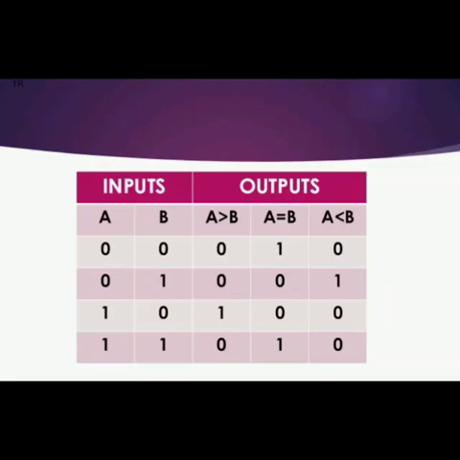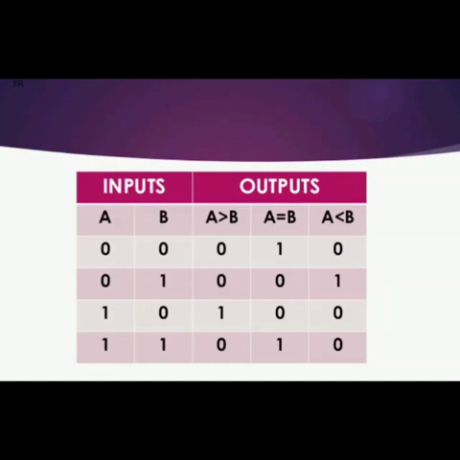And here we have the truth table of the comparator. Here we are comparing 0, 0, 0, 1, 1, 0 and 1, 1. When we are comparing 0 and 0, both are equal, so A equal to B will be 1, and the others will be 0.